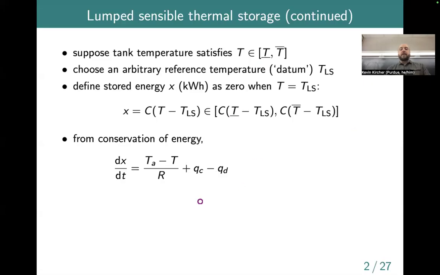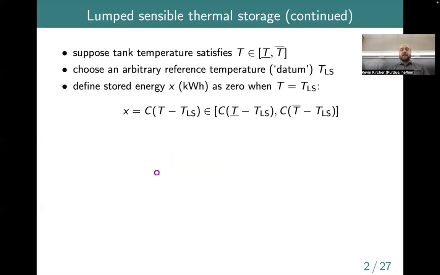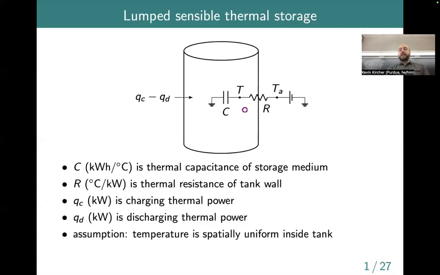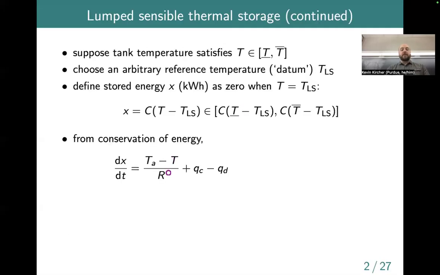All right, you can do circuit modeling, or you can just do a first law energy balance on the tank. The rate of change of the internal energy on the left-hand side is equal to the rate at which energy is leaving the tank. This comes from passive heat losses through the tank wall, which are of a delta T over R form. Then we add in whatever we're injecting, and subtract whatever we're extracting.